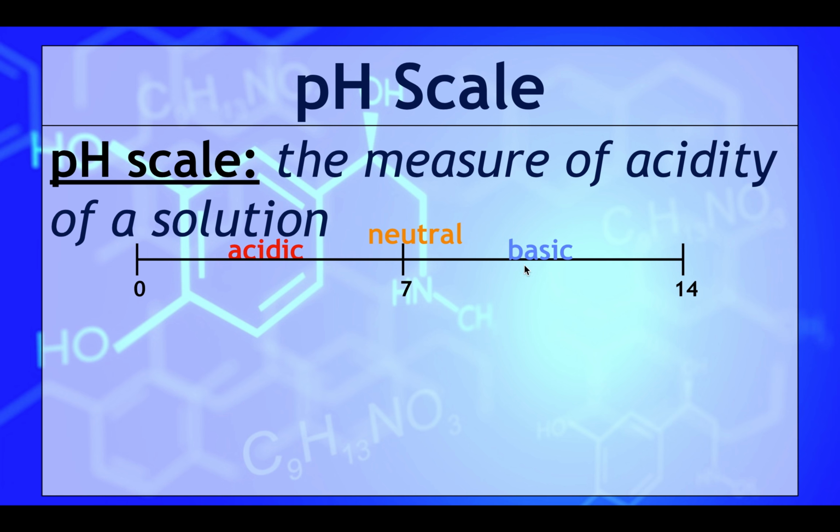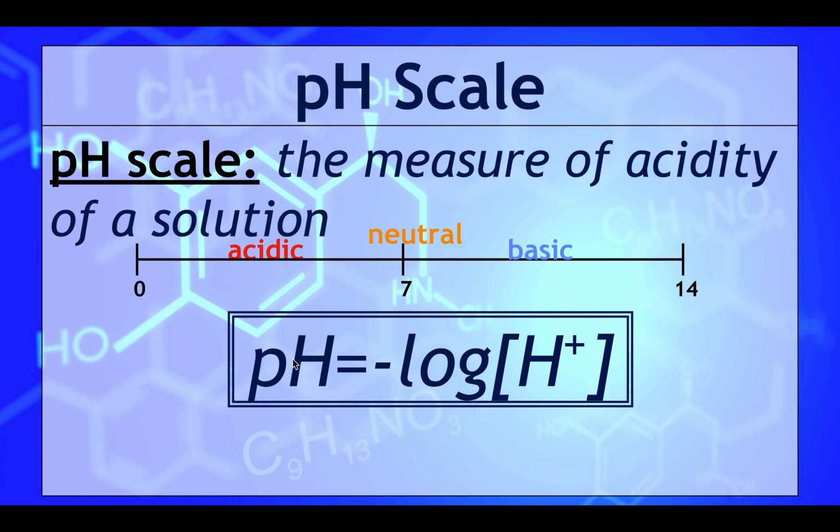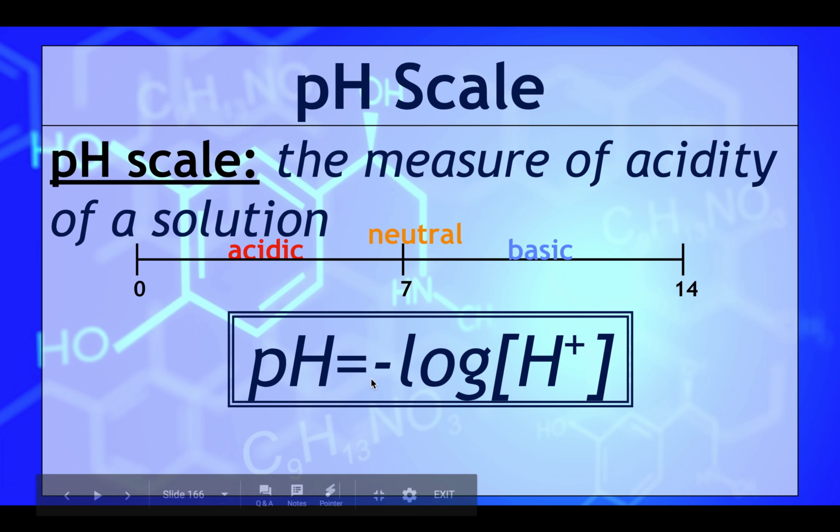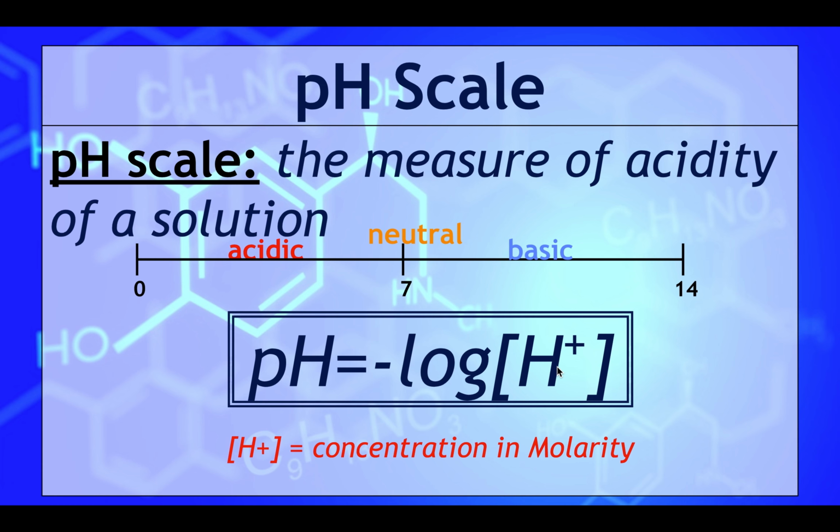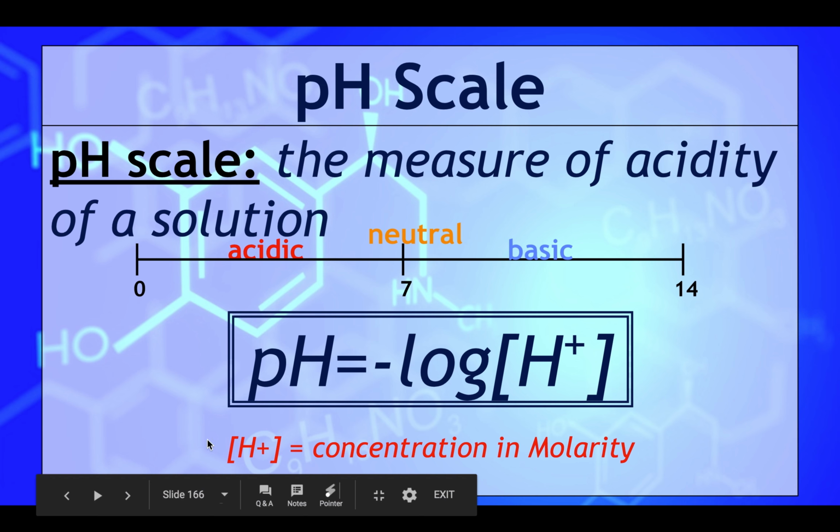On this side, you're going to have a lot of the hydroxide or OH ions. pH is calculated using the negative log of the concentration of hydrogen ions. This symbol here stands for concentration. So when we have a bracket that looks like that, that indicates the concentration in molarity.